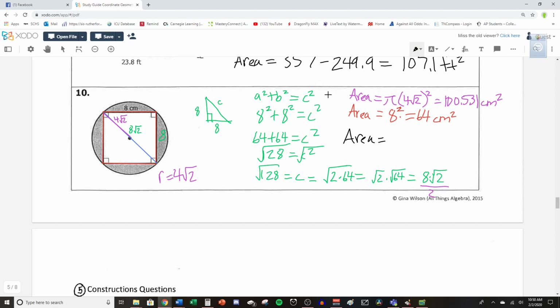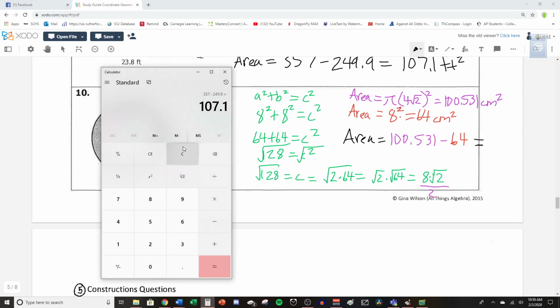To get our overall area, I want to take the circle and just take away the square area. So this is going to be the 100.531, take away the 64 to give us our overall area for this. So let's do that. 100.531 subtract 64.